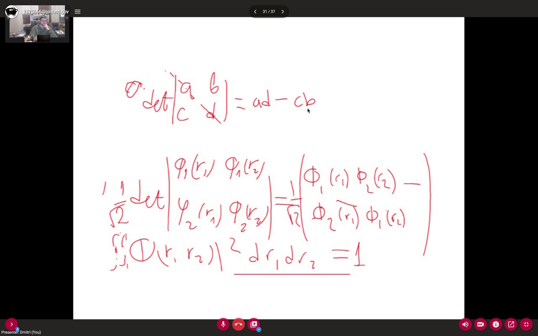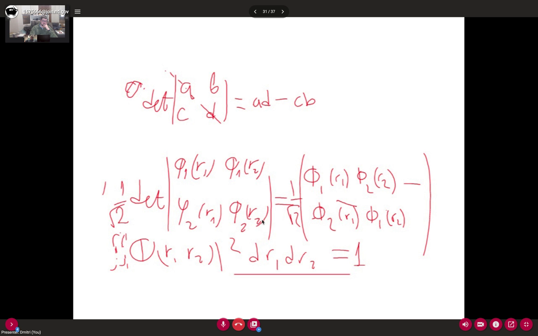And if we practice this definition for a matrix where the first row has the same wave function, same quantum numbers, but different electrons. So first row has phi 1, but the arguments are R1, R2. And the second row has wave function with index 2, and again the arguments are R1, R2.